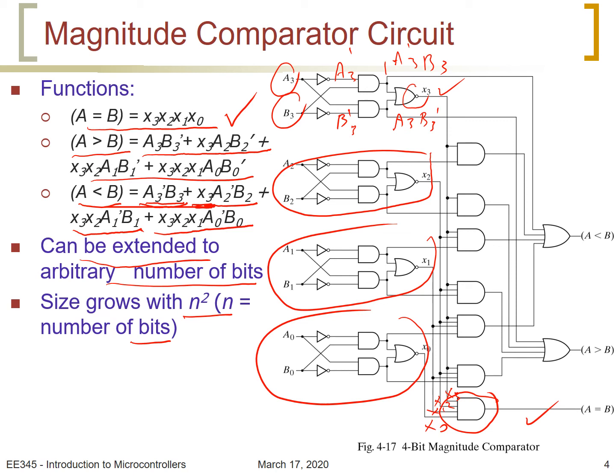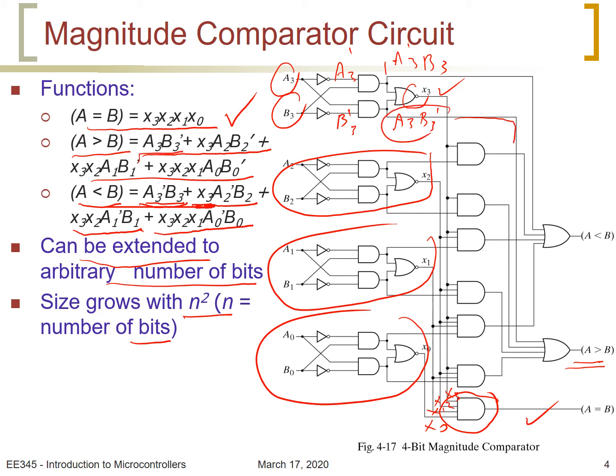That's easy. Now, the other two circuits. If we look at A is more than B, this is equal to, as we have just mentioned, X3. That's X3 from here. A is more than B equals A3 B3 prime, which is A3 B3 prime here.